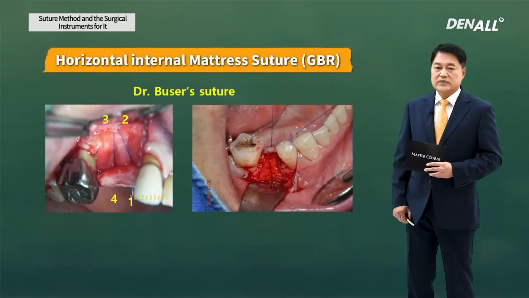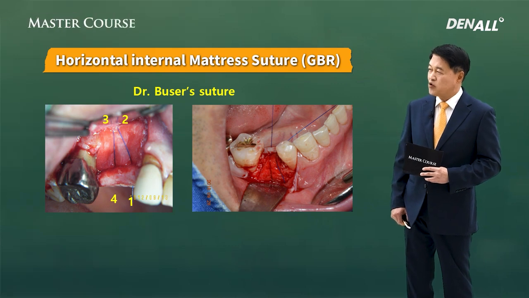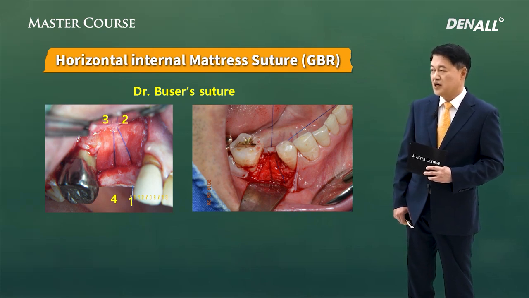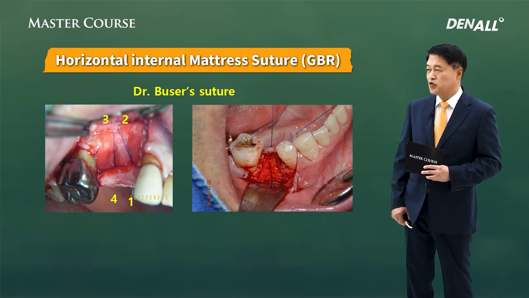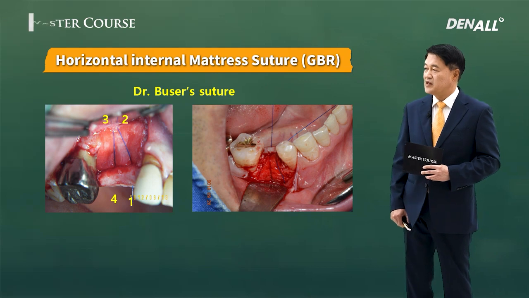Now, after doing GBR, to fix the membrane, you perform Dr. Boozer suture. So as you can see, after applying the membrane, first on the lingual or palatal side, you go in through the periosteum, you go out lingual palatal side, and that is Dr. Boozer's suture, a periosteal suturing to put the membrane in position.